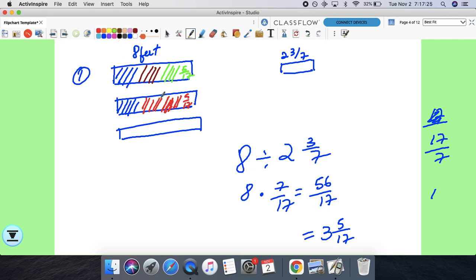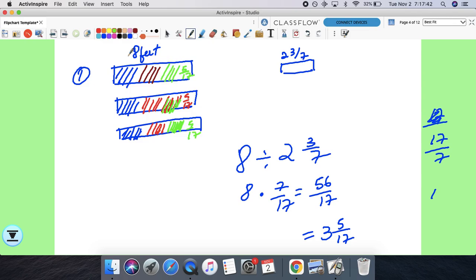And if I repeat the process at the bottom, I'll take the red one, then another board that's 2 and 3 sevenths feet, but then I'm going to have this left over, 5 over 17.